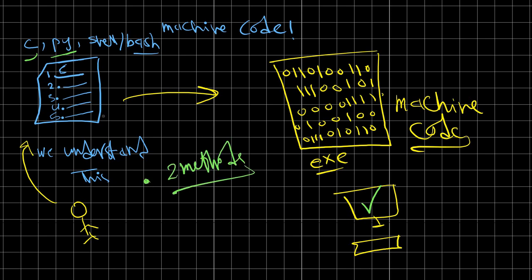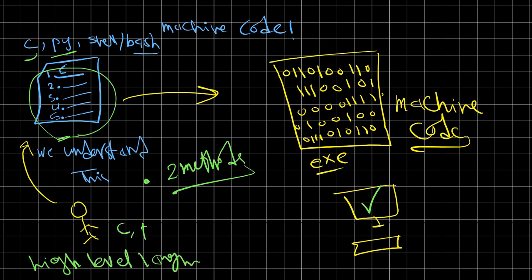To transform this file from a high level language like C, C++, PHP, Python, all languages we know, and Bash, which is a scripting command line, you can transform this code, which is in high level language, into a low level language, which is machine code.